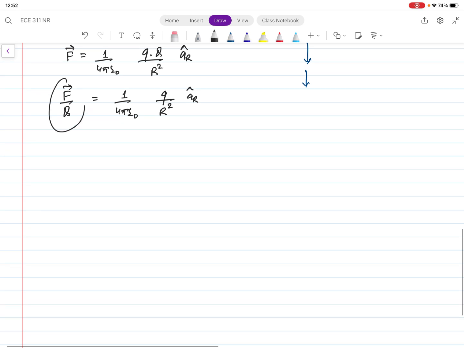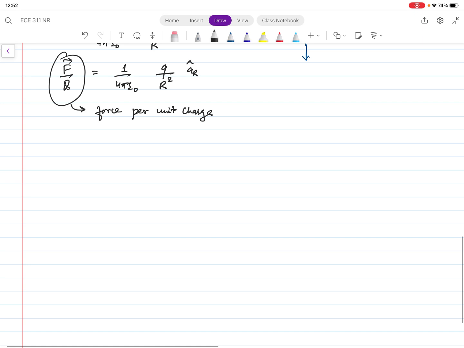This quantity on this side is force per unit charge, and this is defined as electric field, represented by E with an arrow, because that is a vector.